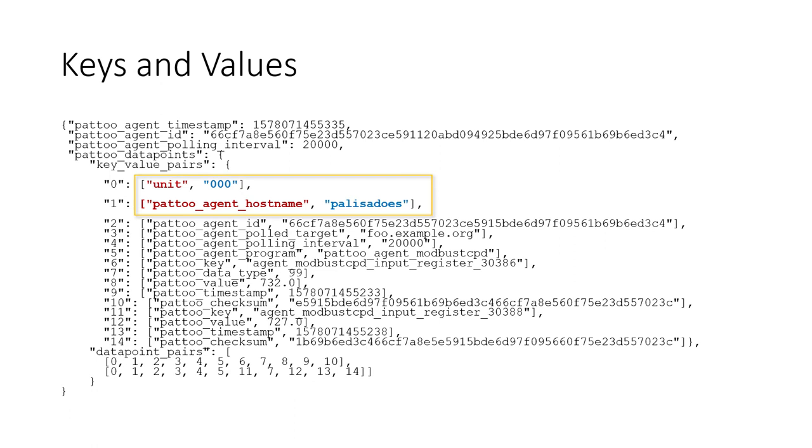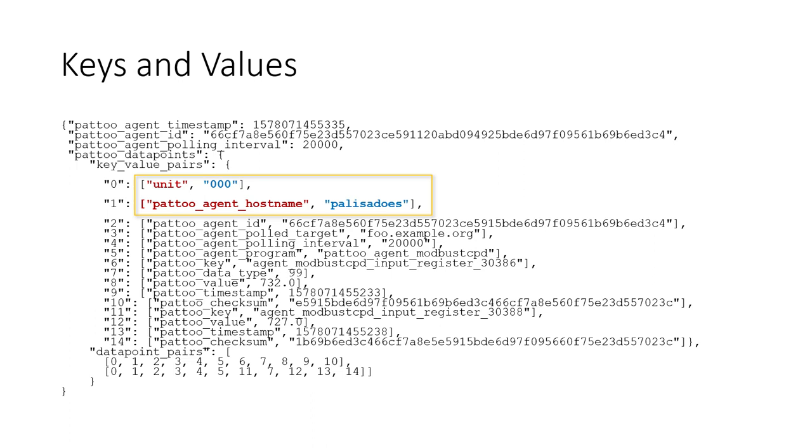The very first one, Pattoo key value pair number 0, has metadata. You can tell that it's metadata because metadata in key value pairs do not start with the Pattoo underscore prefix. This information has been received somehow as metadata from a unit number 000.